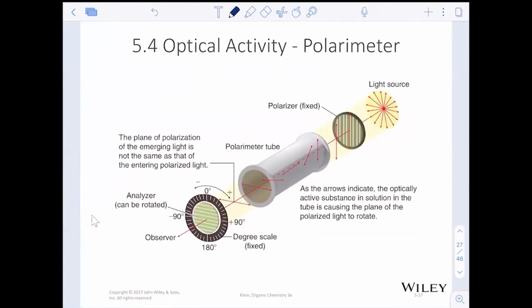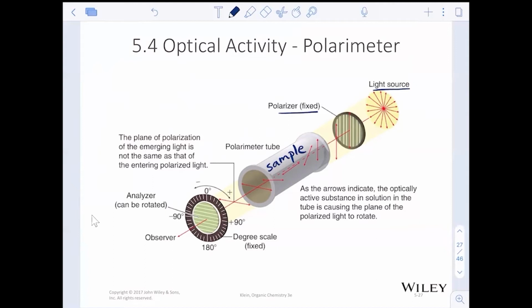It's with a polarimeter. Now, a polarimeter has a light source, and it has a polarized filter on it that's fixed. And you put your sample in here, this long tube. Now you know the amount of sample that you have, the concentration, you know the path length. It's kind of like a fancy spectrophotometer here, but you, the observer, are actually going to be analyzing the sample rotation.